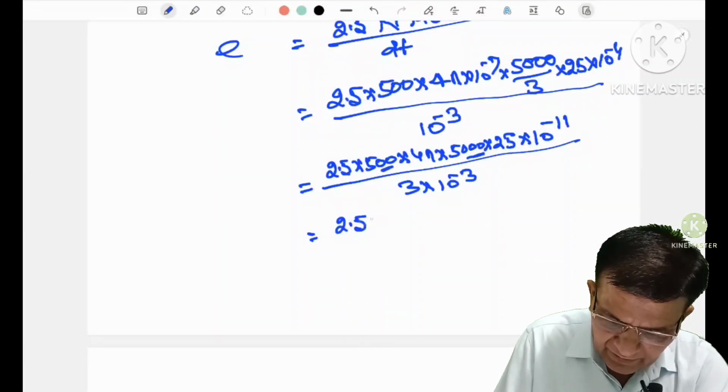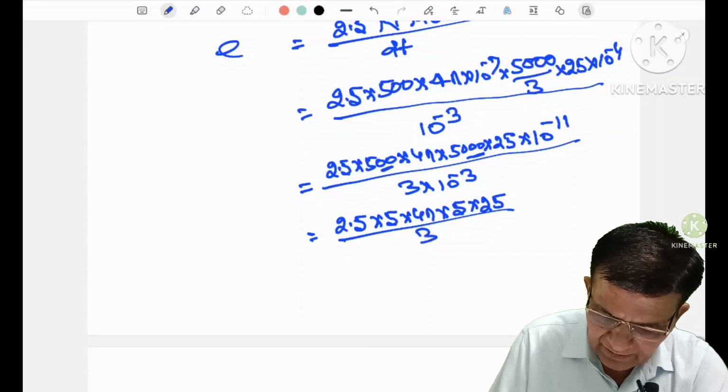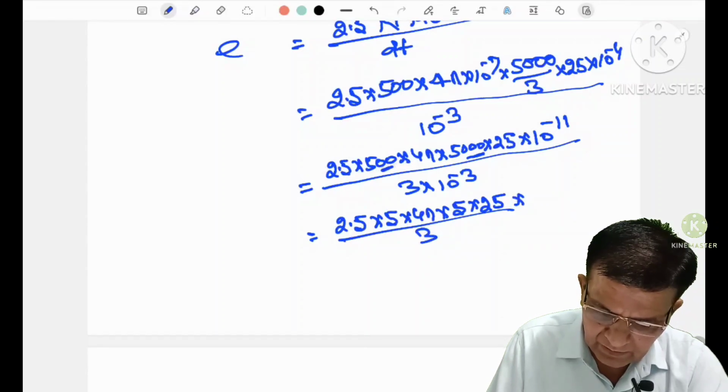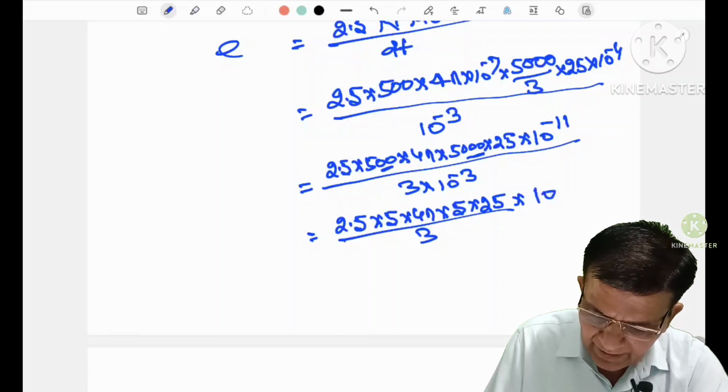Two 2.5 into 5 into 4 pi into 5 into 25 by 3 into 10 to the power minus 3.